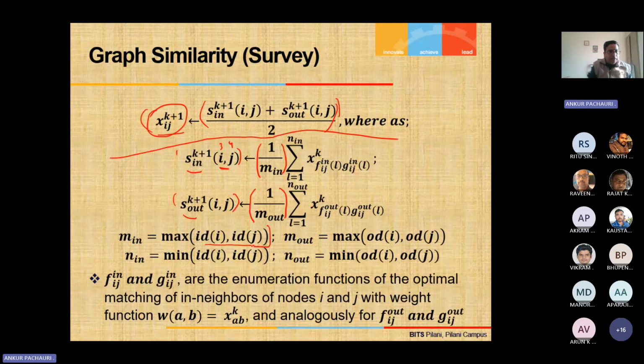Same is the case for M out: whoever has the maximum out-degree, I will normalize by that node's degree. Clear? So this is also done.